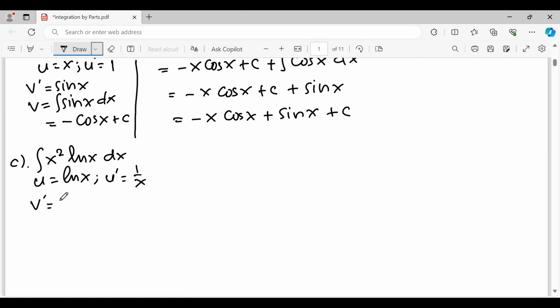And derivative phi is x squared, so phi is the integral of x squared dx. It is 1/3 x cubed plus c.